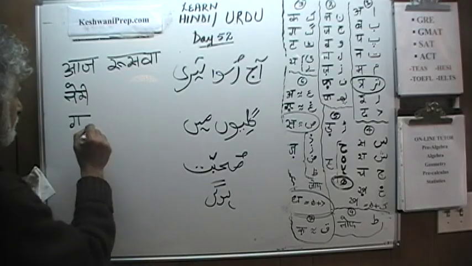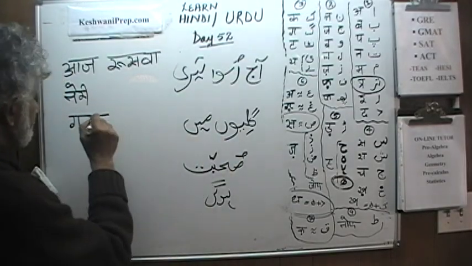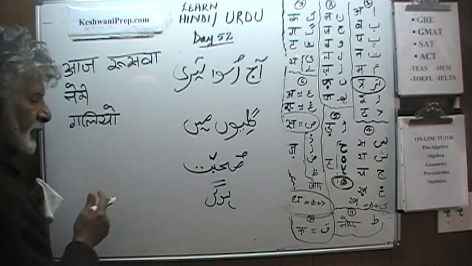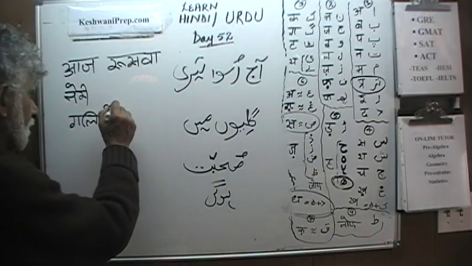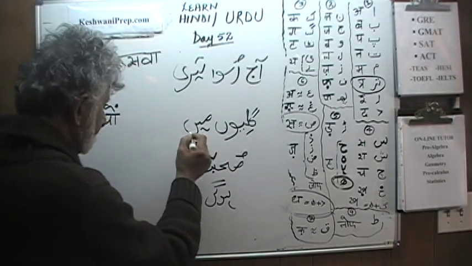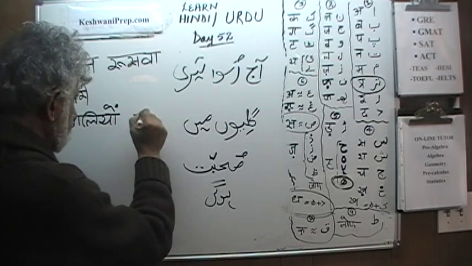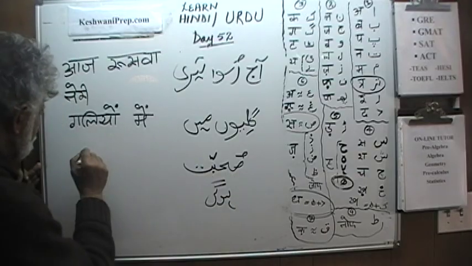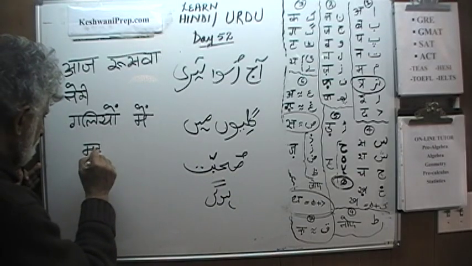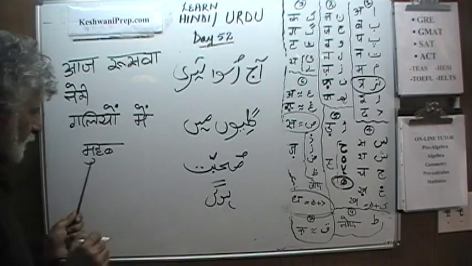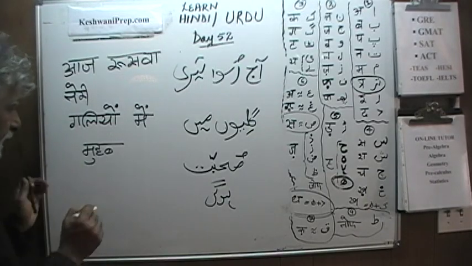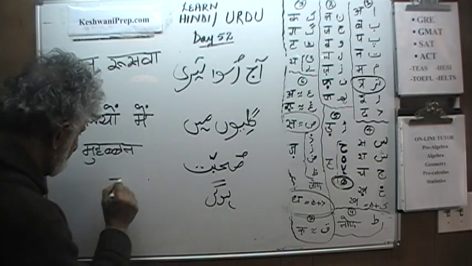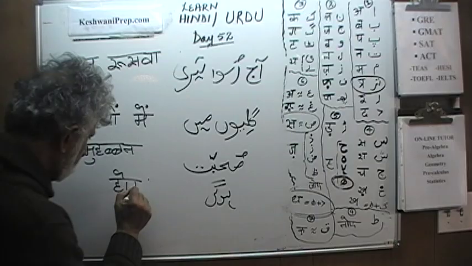Ga, li with the e ki matra, choti e ki matra, galiyon. Not galiyon, but galiyon. We need the nun gunna. Me, mohabbat, mu, ha, and then a half ba, mohab, that's a hub, and then another ba, so mohabbat hogi. Hogi.